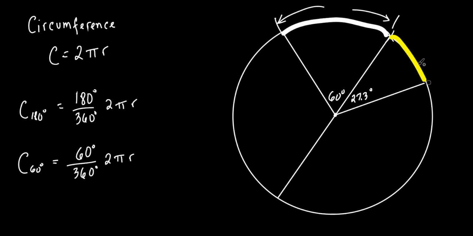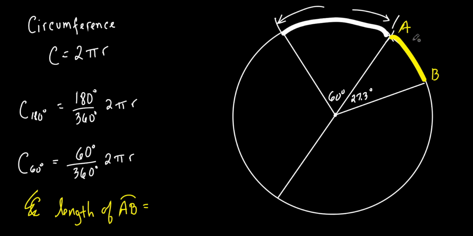It's not a straight line, even though I drew it kind of straight-ish, but that's a curve, right? So how in the world would I do that? How would I find the circumference, or the distance, or the length? They're not going to use this. They're going to say the length. We'll just call it AB. Make it simple. What if I ask you to find the length of arc AB? That's what they're going to ask you to do.